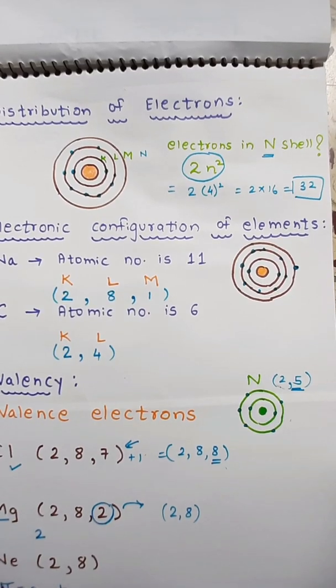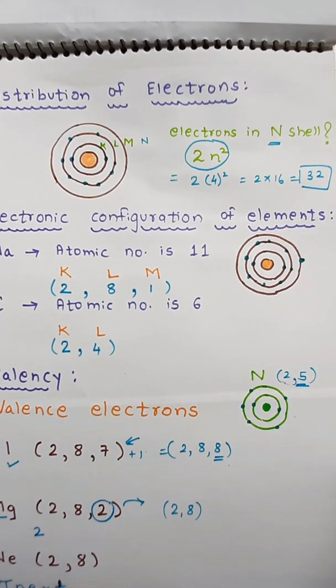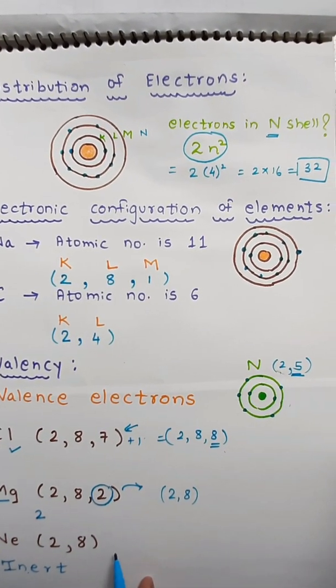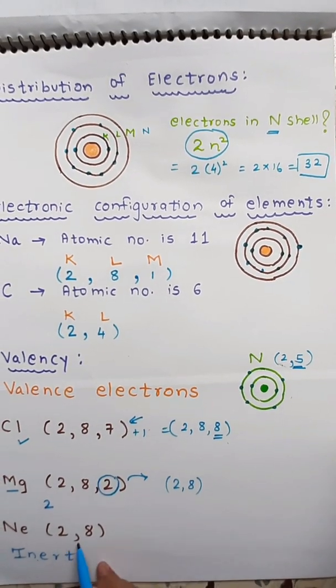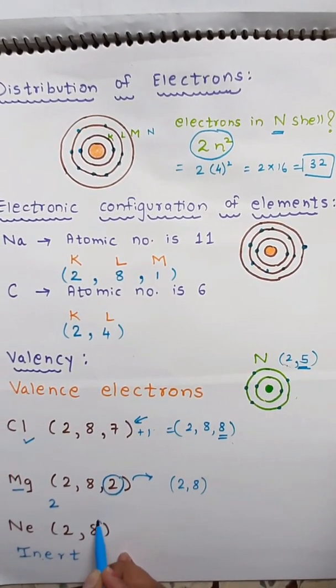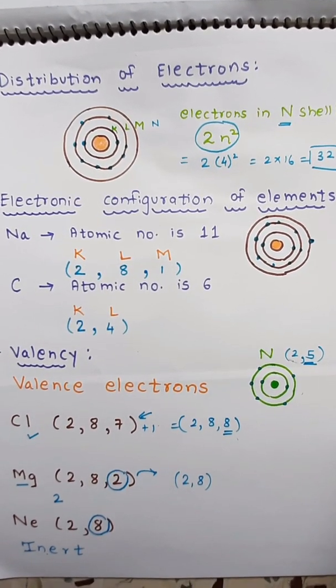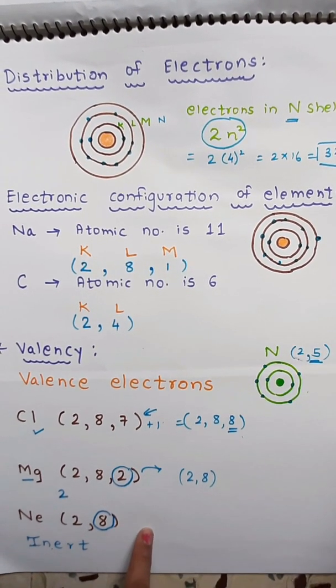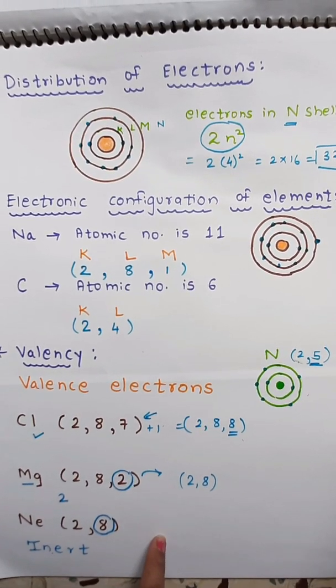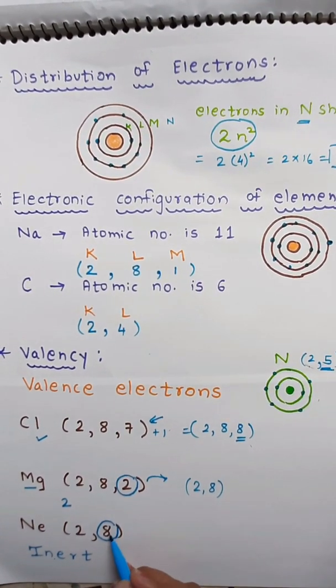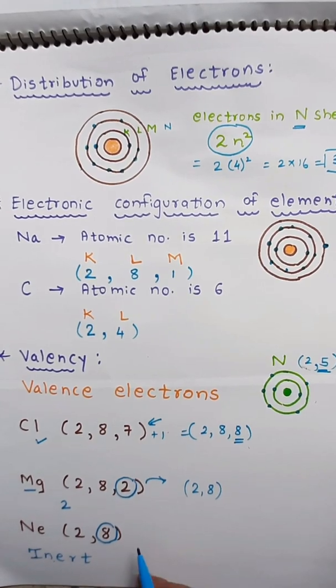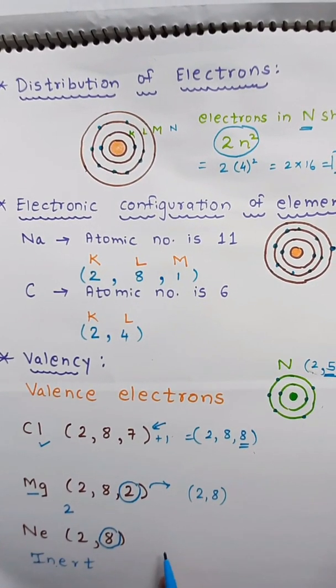Now if you take the example of neon. Okay, neon, atomic number is 10. So the electronic configuration is 2, 8. But if you see in the last orbit, it has already 8 electrons in the outermost orbit. It doesn't want to participate. It cannot participate in the chemical reaction because it has 8 electrons. It is stable and it will not take part in any of the chemical reactions.